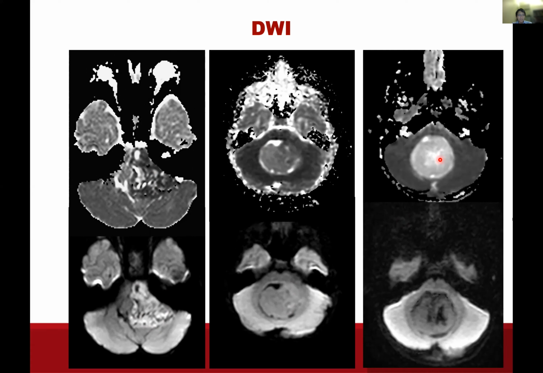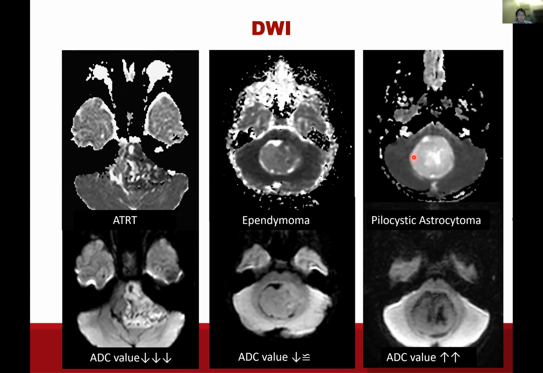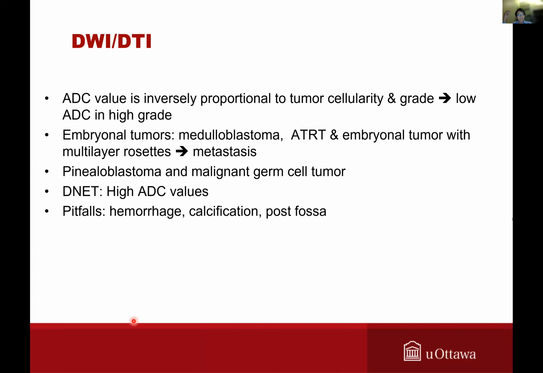So this was an astrocytoma on the right side and an ependymoma in the center, and this was the embryonal tumor, an atypical teratoid rhabdoid tumor, with very low values of ADC. So I think diffusion is a very important tool because it helps us identify the cellularity of the tumor. And the higher the cellularity, the higher the grade of the tumor most of the time, and you are going to have a decreased ADC value. So it's inversely proportional: the ADC value and the grade of the tumor.